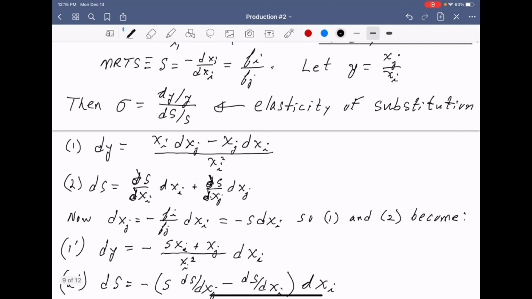Now dxj is equal to minus fi over fj multiplied by dxi, which is equal to minus s dxi.